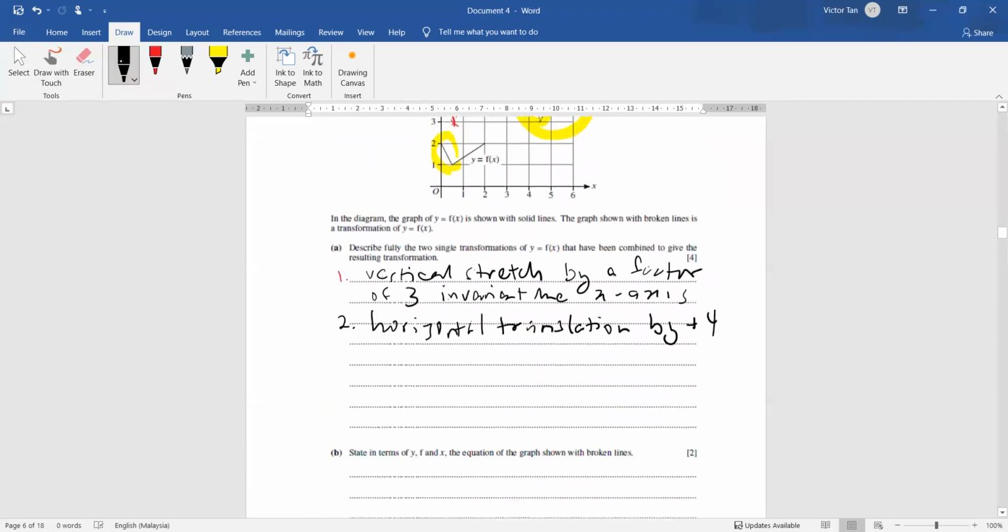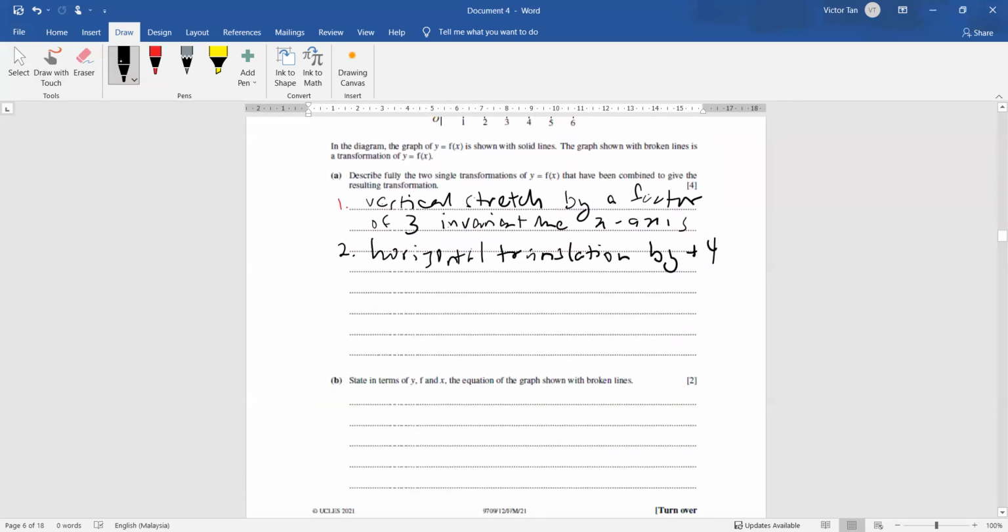So you have a stretch. The stretch will be f(1 over a x), vertical stretch. So y equals f. Stretch factor is 3, it will be 1 over 3 x.